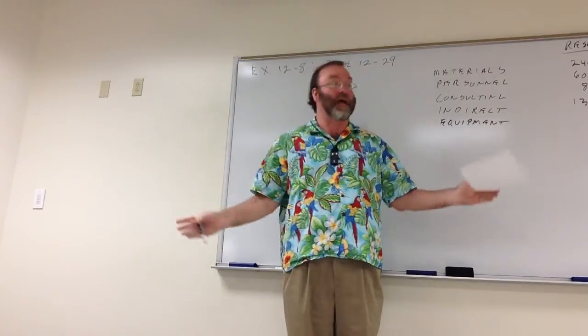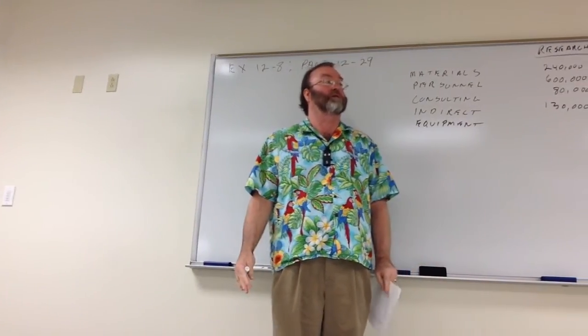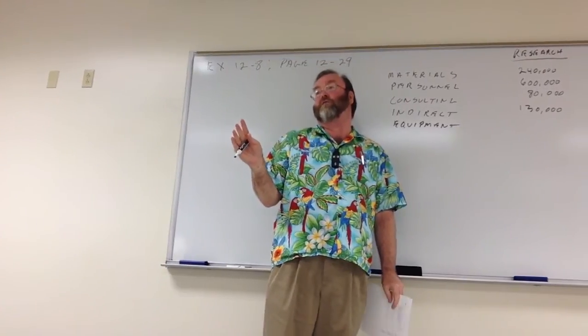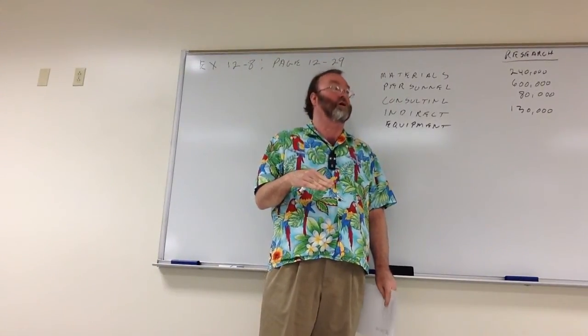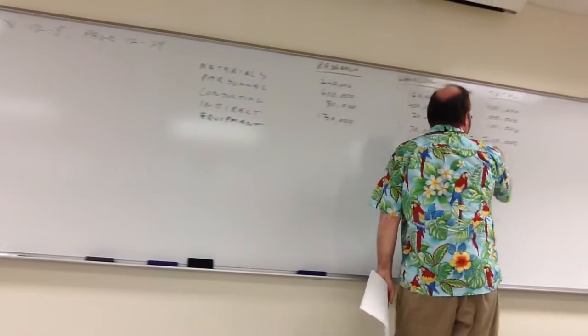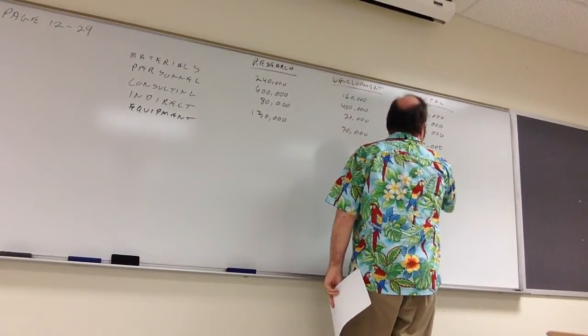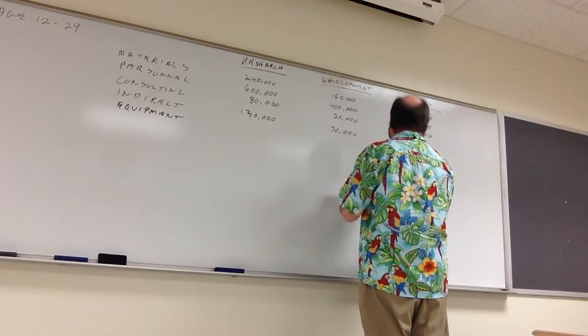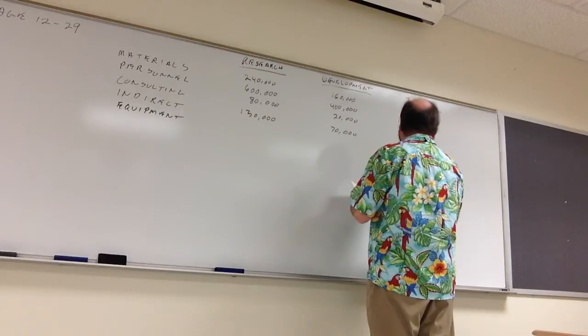If it doesn't have any alternative purposes, then we expense the entire cost of the machinery as it's incurred. All right? So this one does, so we're going to put 500. So under U.S. GAAP, we have $2,200,000.